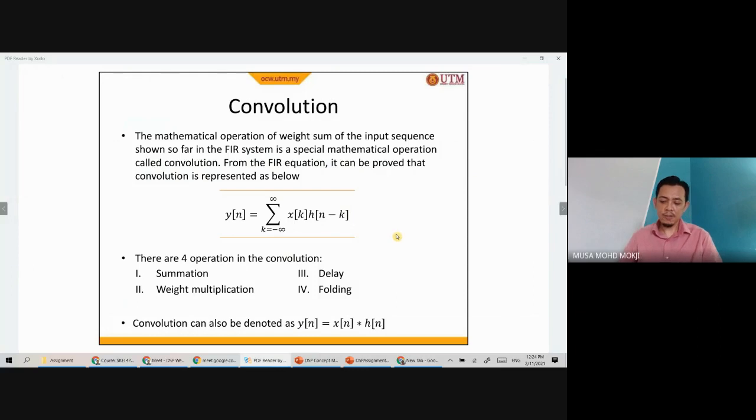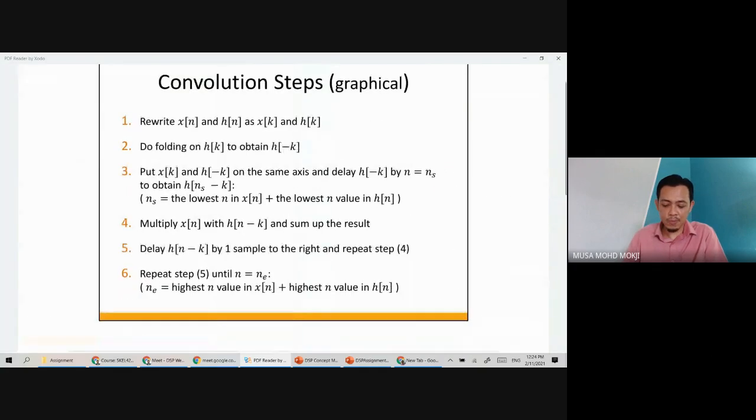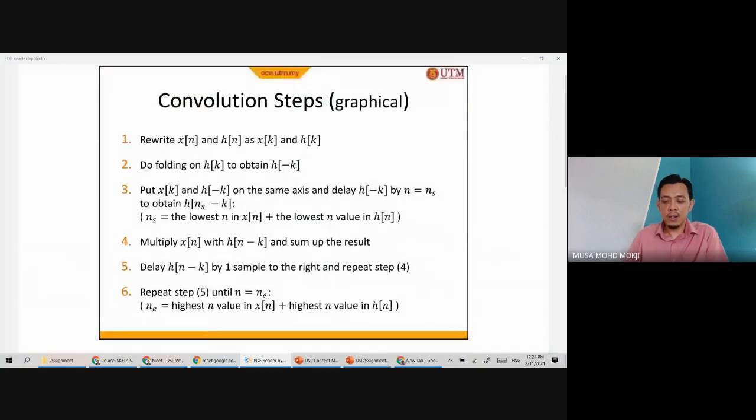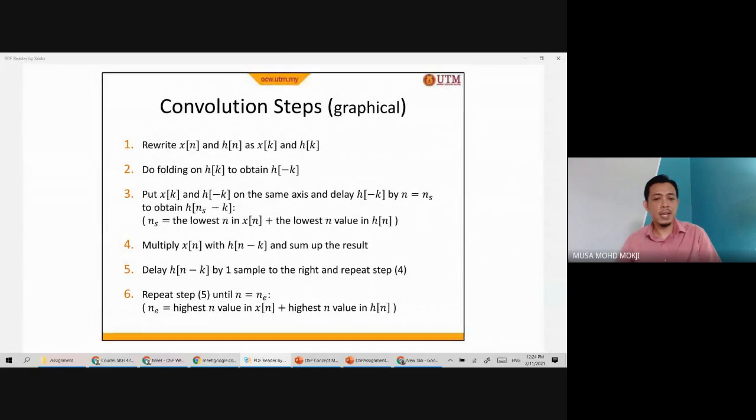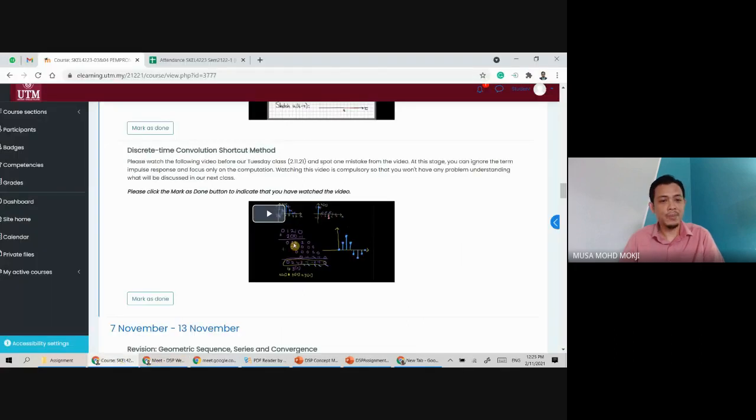All right, so this is a convolution. If you look at these slides, we have a lot of things. There are 4 operations in convolution: summation, weight multiplication, delay, folding, and then a lot of steps, step 1 up to 6. Actually, these are very detailed steps. It doesn't have to follow this. That's why I'm giving you the shortcut method, and you can use this shortcut method, no problem.